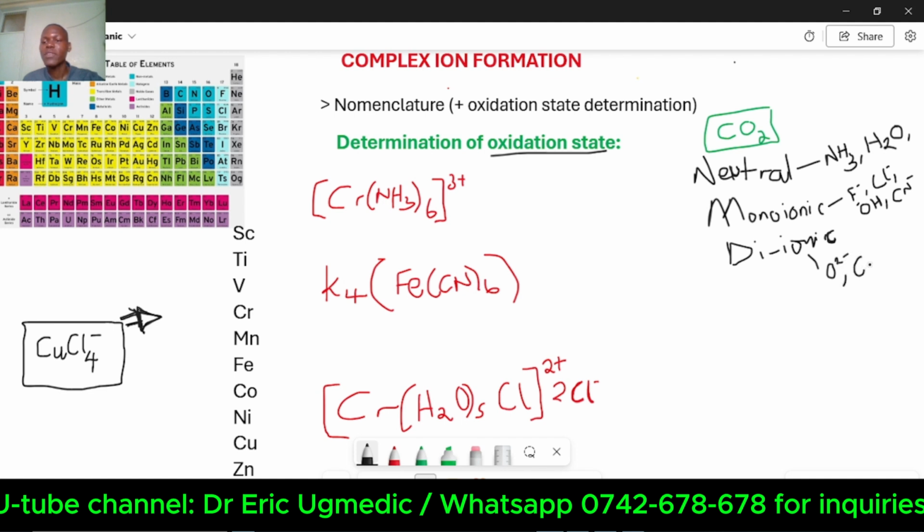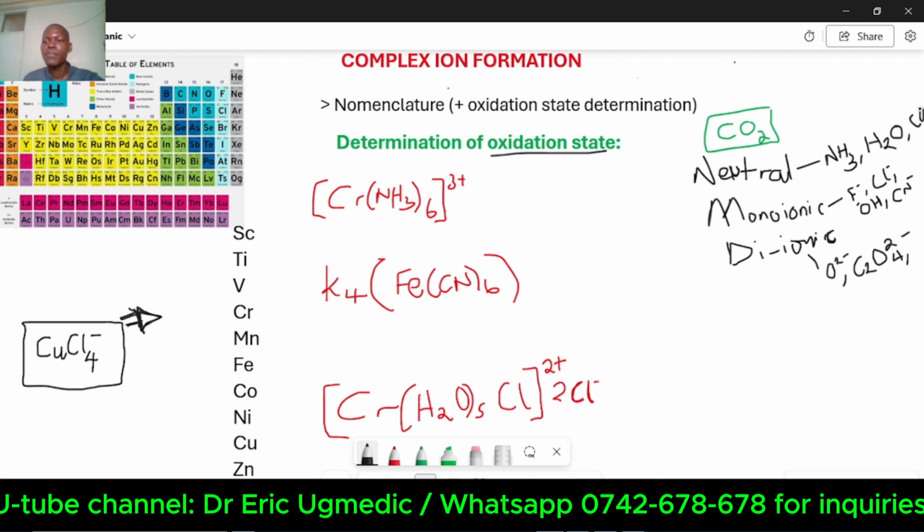We can have the oxalate. This one we've seen under organic chemistry. For example, we shall see it commonly. So these are some of the ionic ligands. And then you also need to find the various neutral ligands. They can be very many: nitrogen monoxide, carbon monoxide, you get?